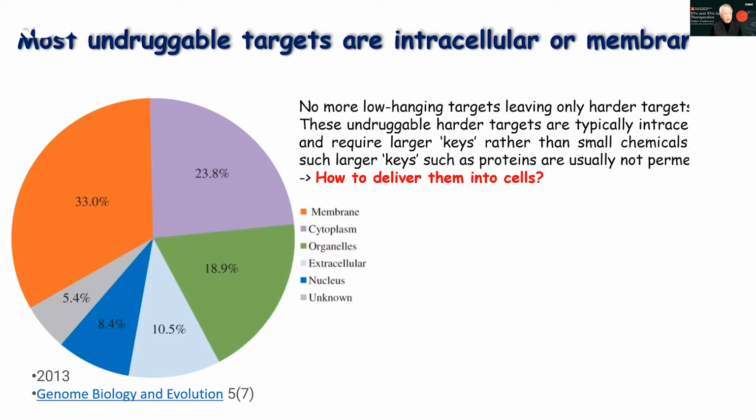We have very hard targets. These undruggable hard targets are typically intracellular and require large keys, such as a protein, rather than small chemicals. But these large keys are usually not permeable. So the question here is how to deliver them into cells.